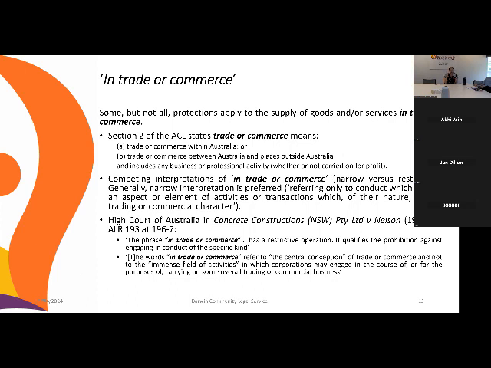The other thing is that 'in trade or commerce' has competing interpretations, as most things do in the legal system. Some people advocate for a narrow or strict interpretation. Others promote a broad interpretation.